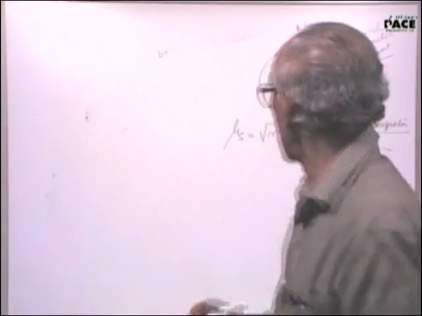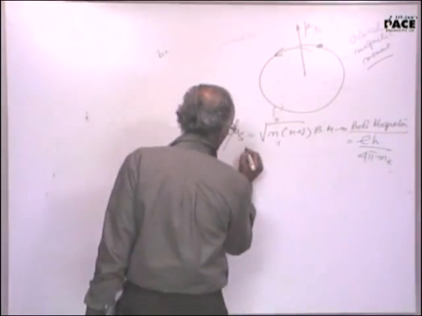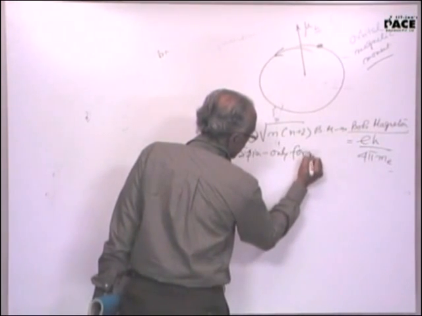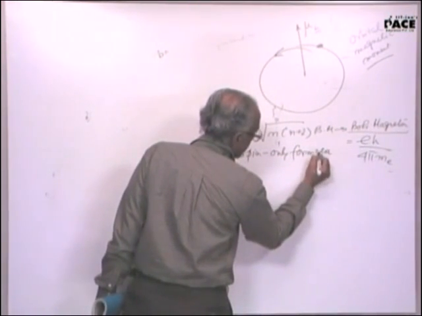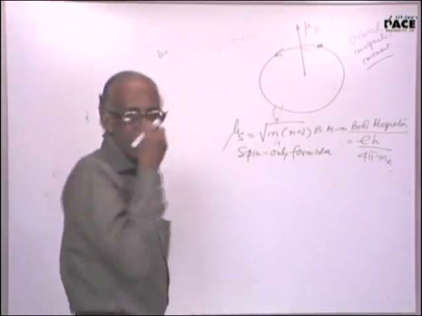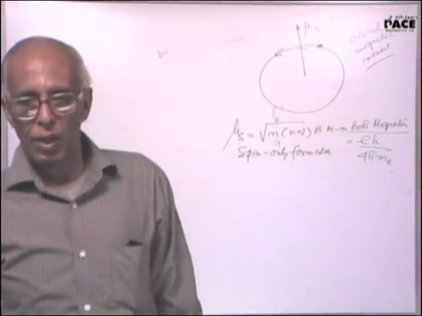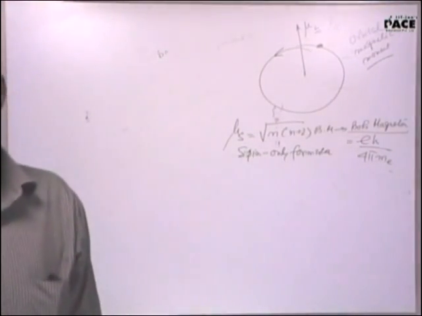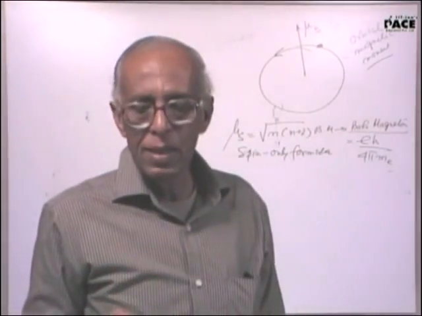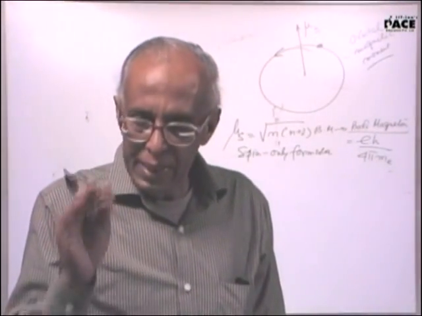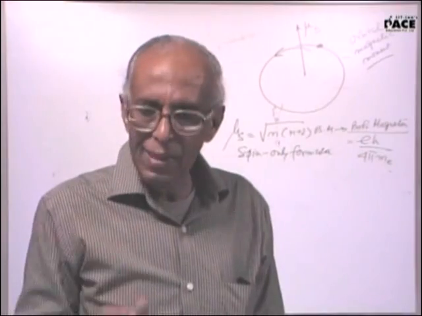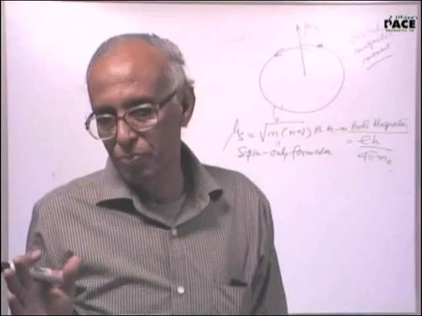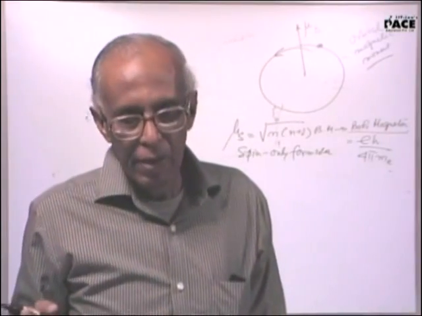That is why this formula is called the spin-only formula. The spin-only formula helps you calculate the magnetic moment due to the spinning motion of the electron.